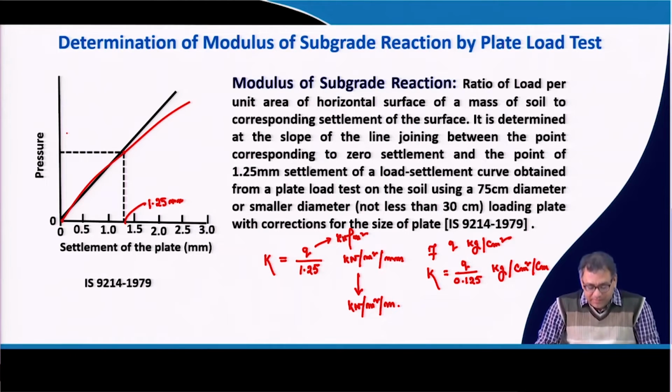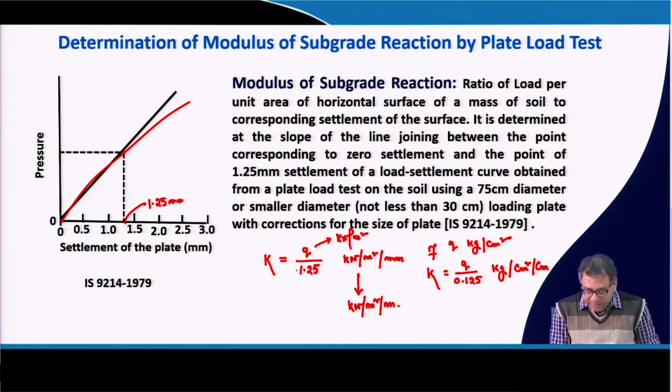That means, here this K is basically a secant modulus. That means you are joining a particular point corresponding to 1.25 millimeter and the 0 point, and basically the slope of that straight line will give you the k value. Okay. So, that means here this k is q divided by 1.25.